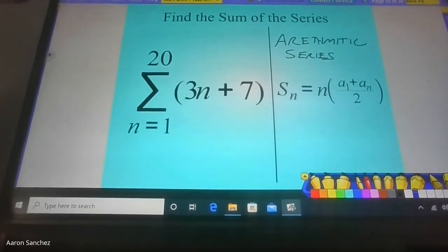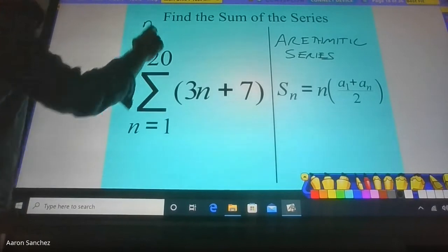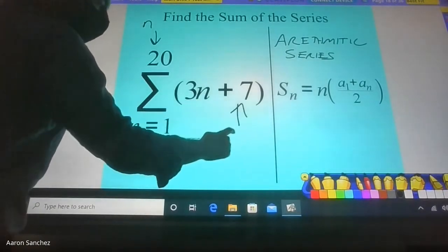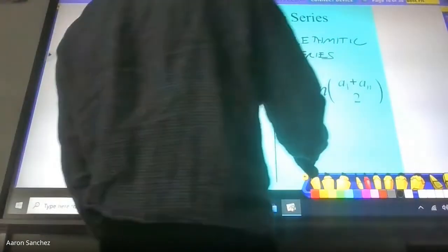This is new. If you're looking for it in your notes, this is new. Where n is the 20, that's my n. My a sub 1 is the 7, right? There's my a sub 1. So we're going to say 20 times a sub 1, what's my a sub 1? 7, plus, what's my a sub n?